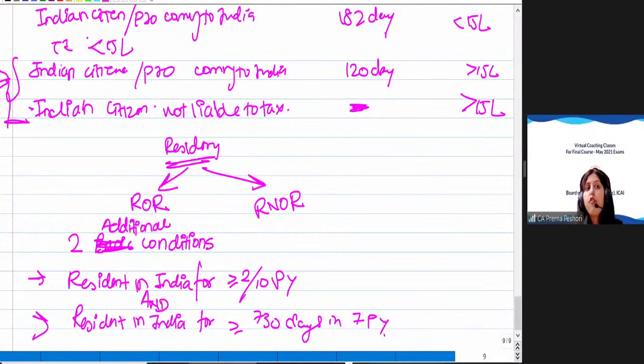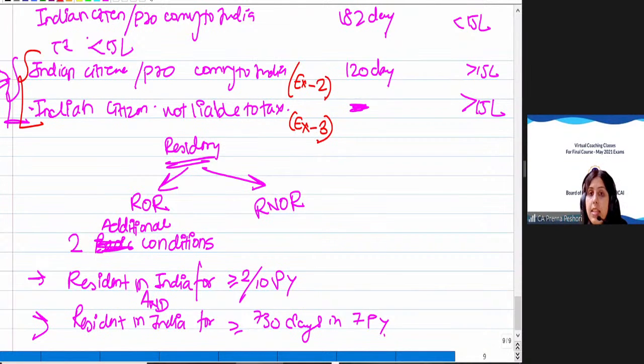But for these categories, which are generally considered as resident and not ordinary resident, what is the condition for them? Let's see. This category I call exception 2, and this I call exception 3.